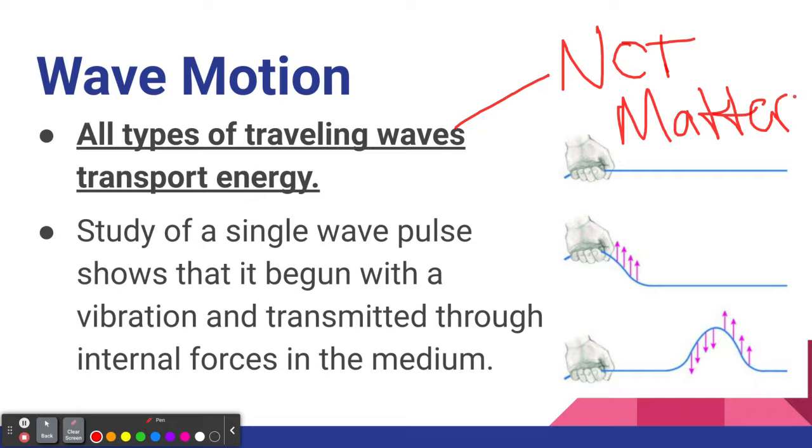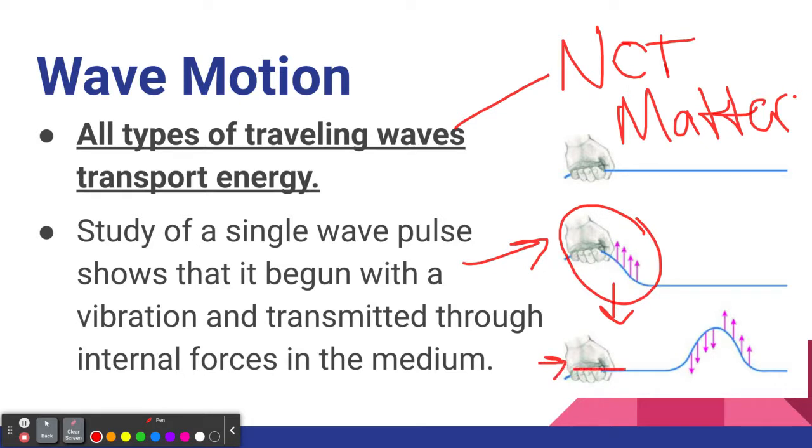A study of a single wave pulse in these pictures shows that it began with a vibration, meaning it began with picking up the string, and then was transmitted through internal forces in the medium. We pick it up, we throw it back down, and then we see this picture right here.